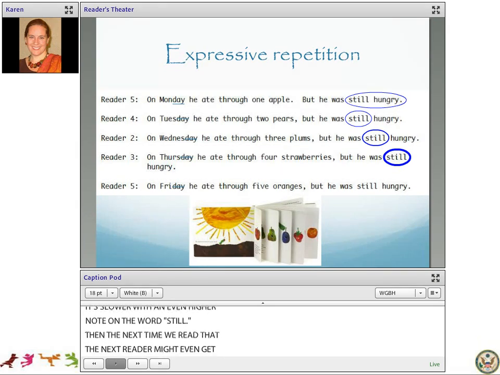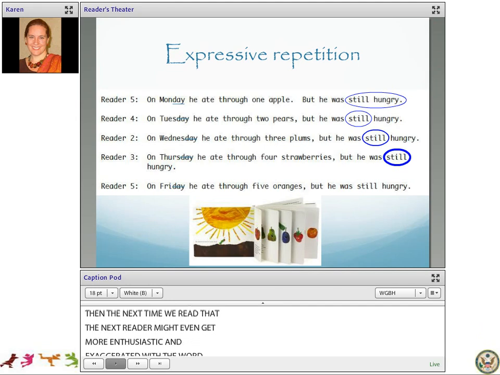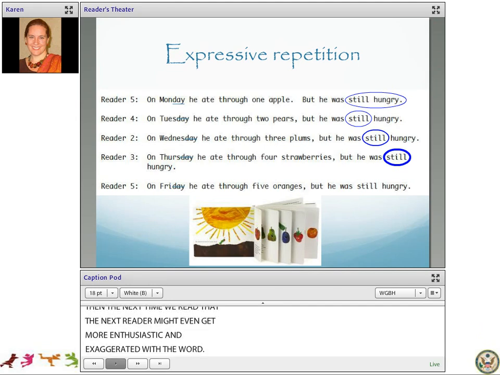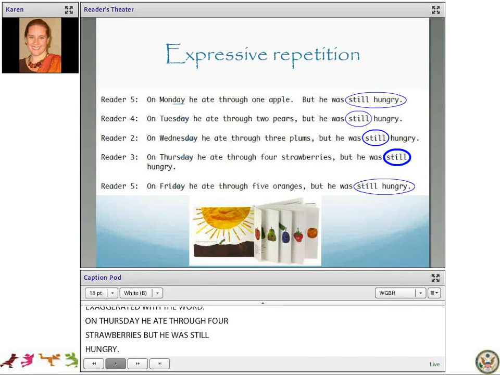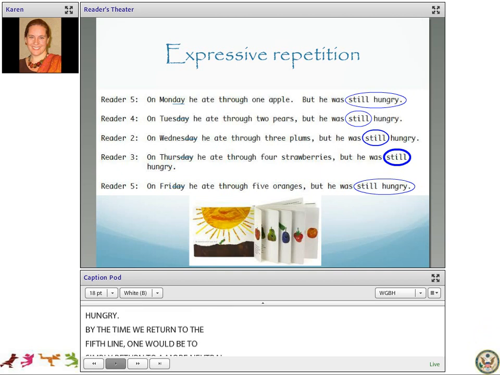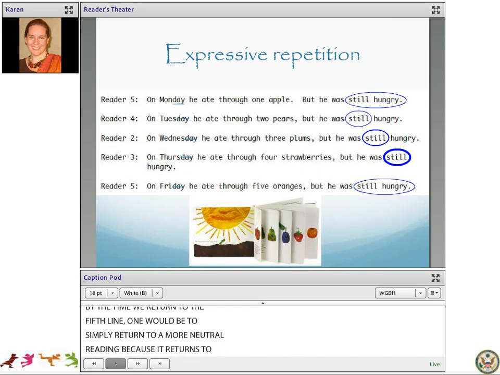On Thursday, he ate through 4 strawberries, but he was still hungry. By the time we return to the 5th line, one option would be to simply return to a more neutral reading because it returns to the beginning. So on Friday, he ate through 5 oranges, but he was still hungry.